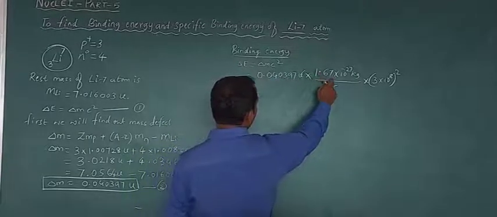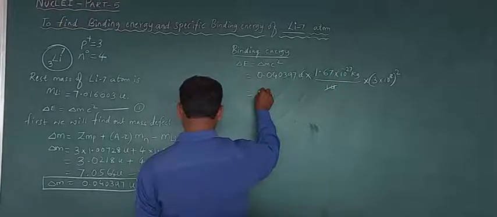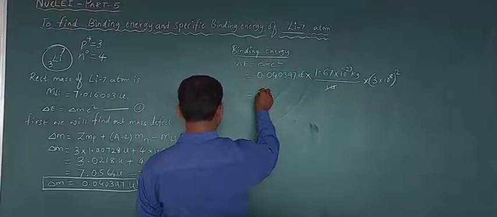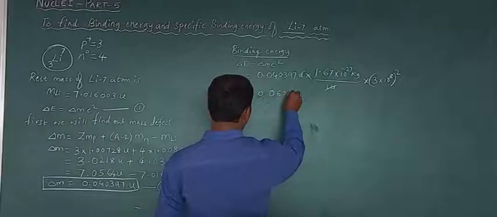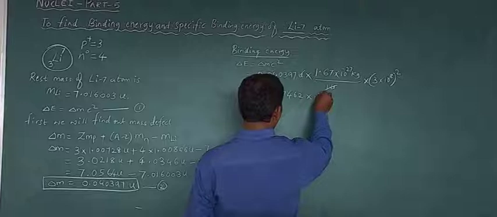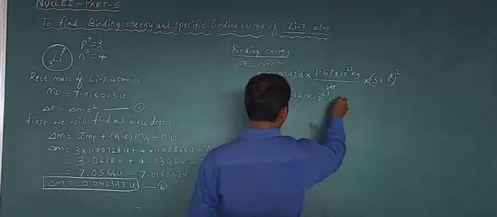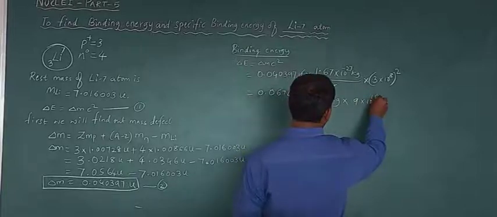When you multiply 0.040397 by 1.67, you get 0.067462 times 10 to the power of minus 27 kg, times c squared, which is 9 times 10 to the power of 16.